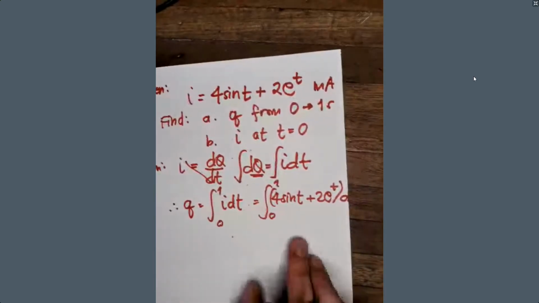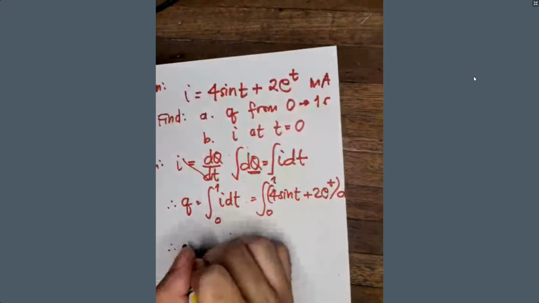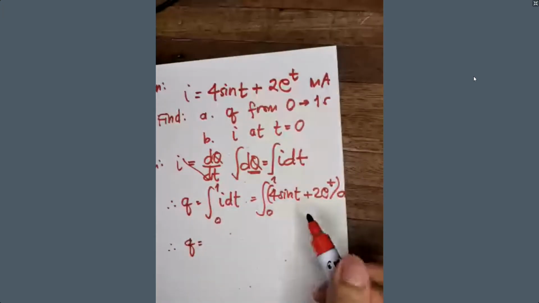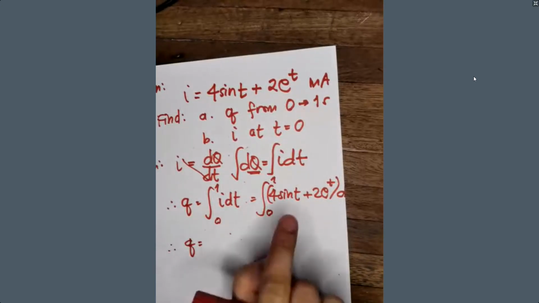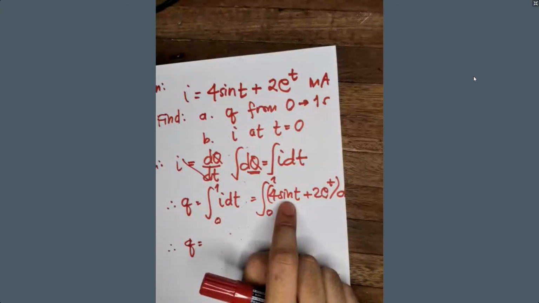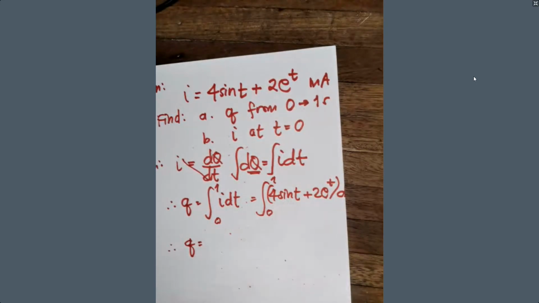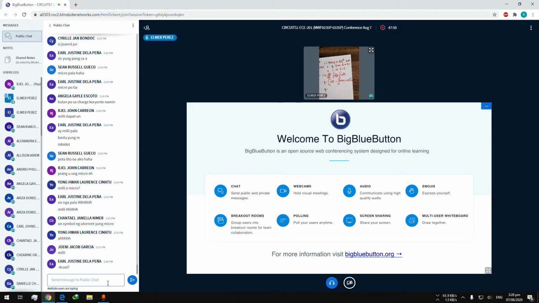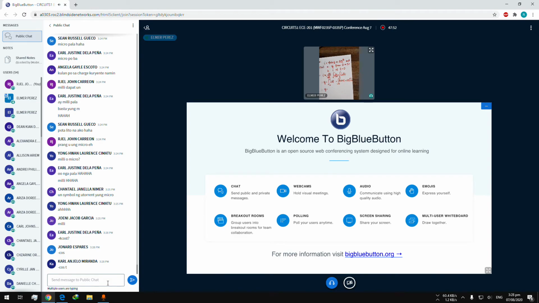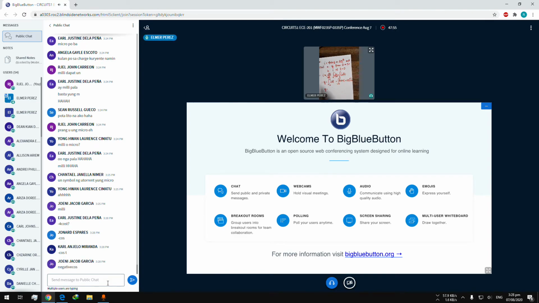And then we will integrate. So therefore, what's q? What's the integral of 4 sine t? Integral of sine t is negative cosine t. Tama.